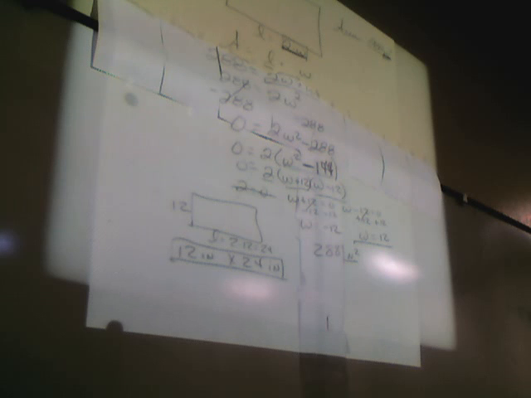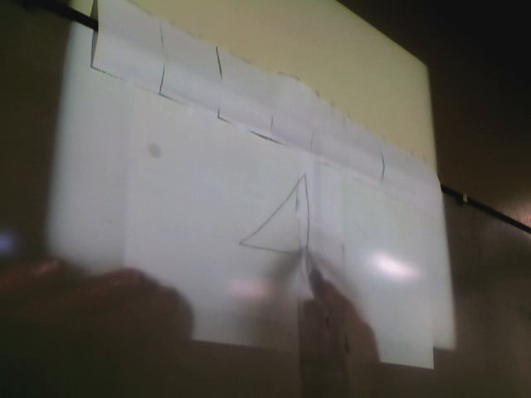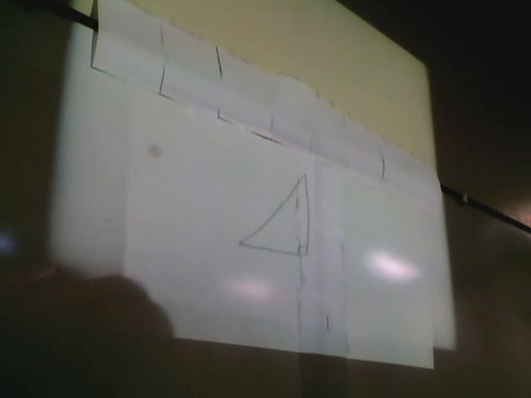Here's one that has to do with a sailboat. The second one we're doing here. On a sail, what shape is this? A triangle. And it's a right triangle.